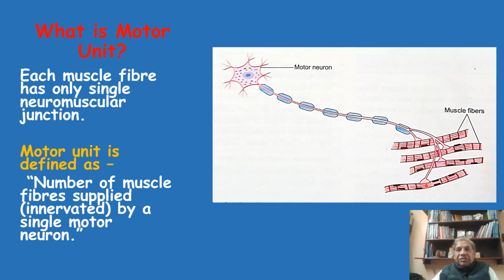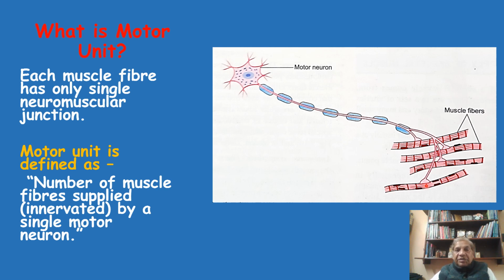It is very small, because a skeletal muscle contains thousands and thousands of muscle fibers. A single motor neuron may supply a few muscle fibers, say for example 10, 20, hundreds, or a few hundreds, or in some muscles a single motor neuron may supply thousands of muscle fibers.